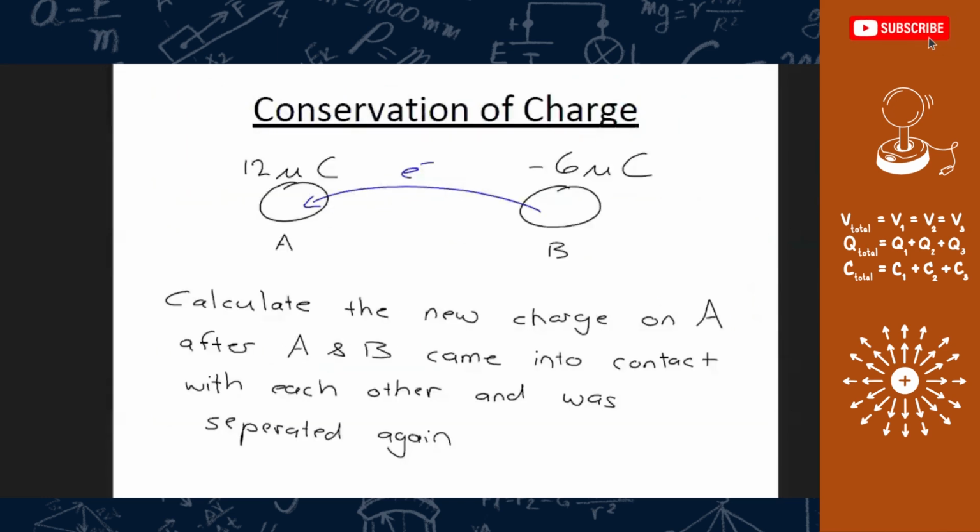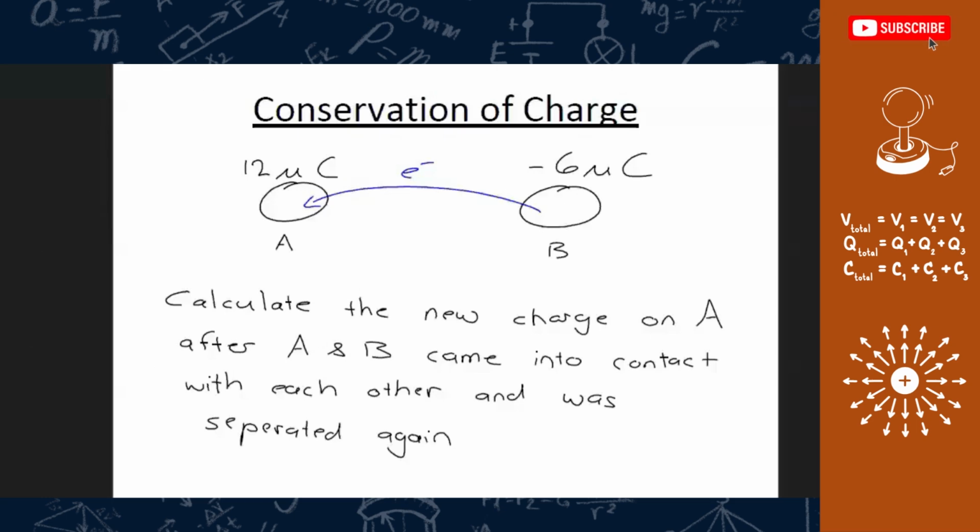Okay, so now we're going to look into the conservation of charge. We have two objects here, object A and object B. Object A has a charge of 12 microcoulombs, and object B has a charge of minus 6 microcoulombs. The thing about charge is only electrons are allowed to move.